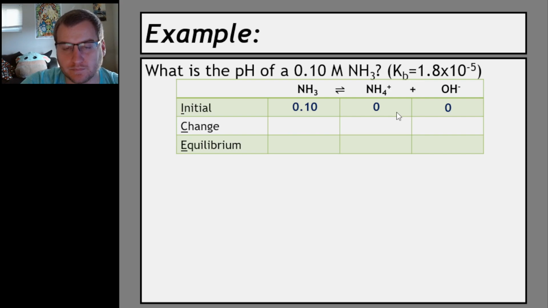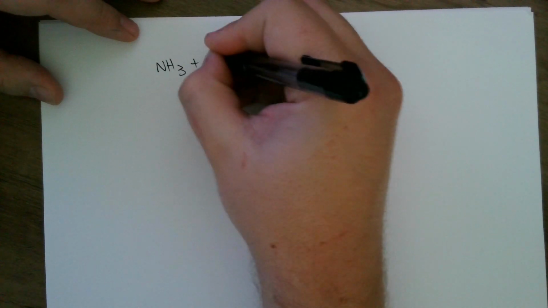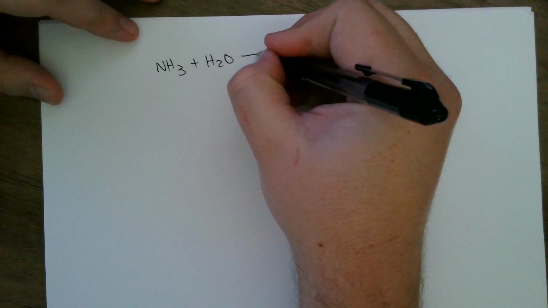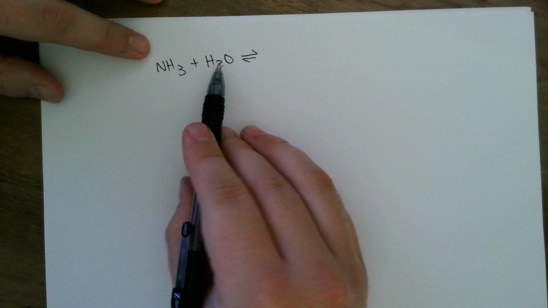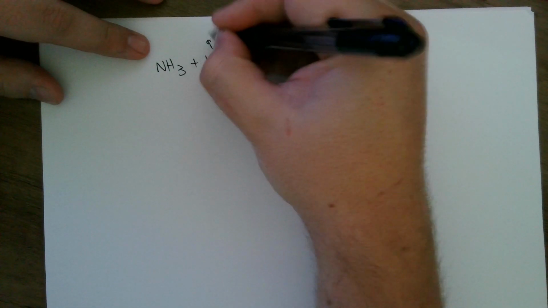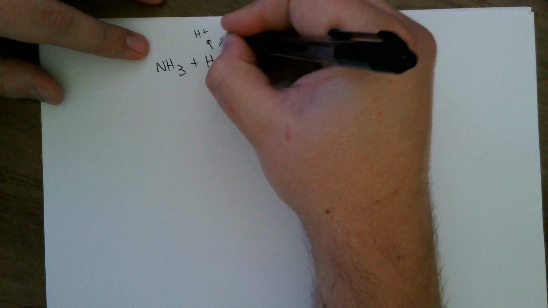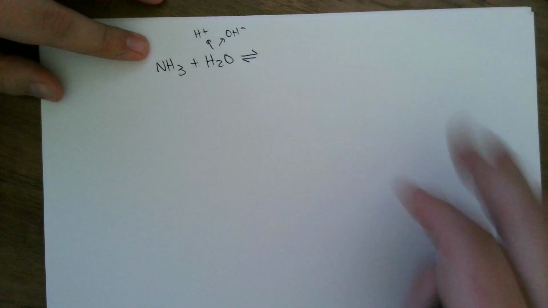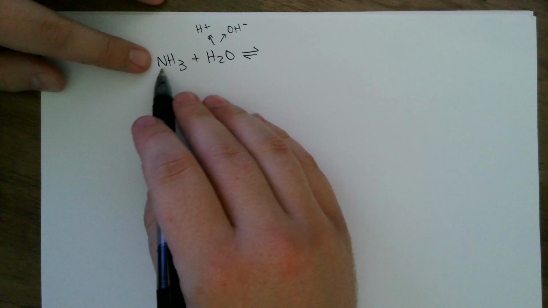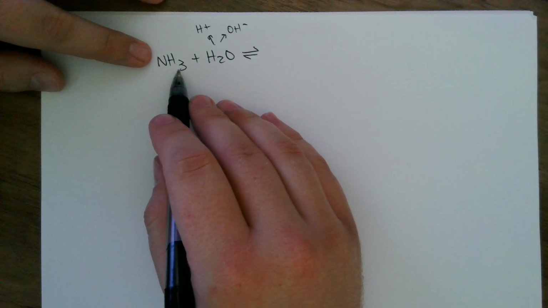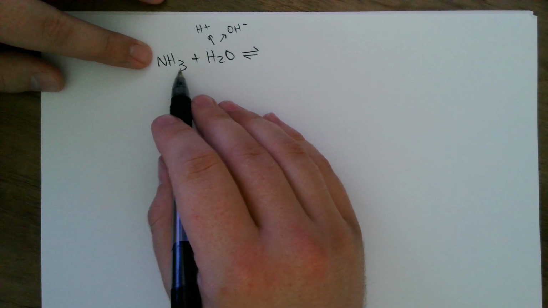Another identical way to write this reaction is if you take NH3 plus water. When NH3 reacts with water, water itself can be split apart into H+ and OH-, like we said. So this NH3 is a base, so it is a proton acceptor.